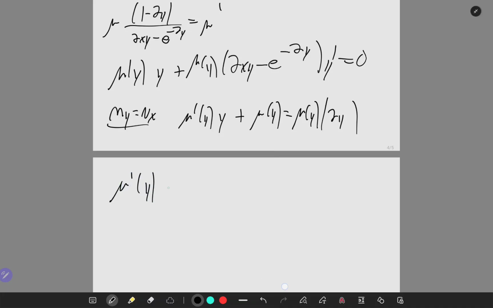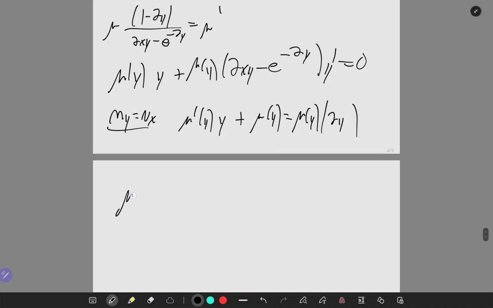Let me rewrite this. So we can move that mu over. We'll have mu prime of y times y is equal to 2y minus, shouldn't that be 1? Oh, that's just minus mu of y.